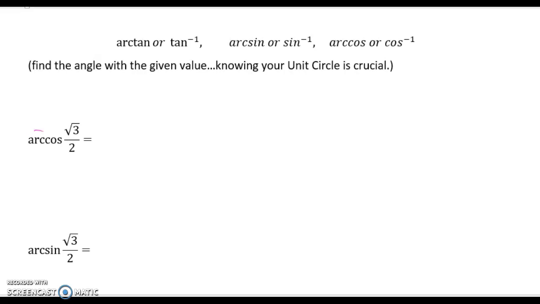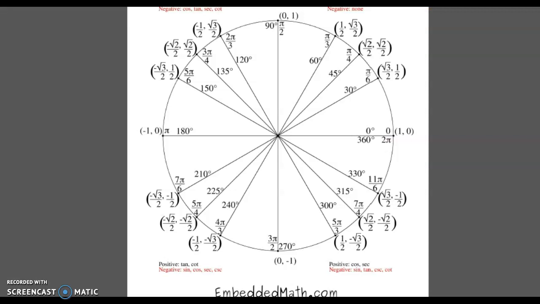So as soon as I see arc, I say to myself, what angle has a cosine value of square root of 3 over 2? This is where your unit circle is very important. So what angles have a cosine value of square root of 3 over 2?